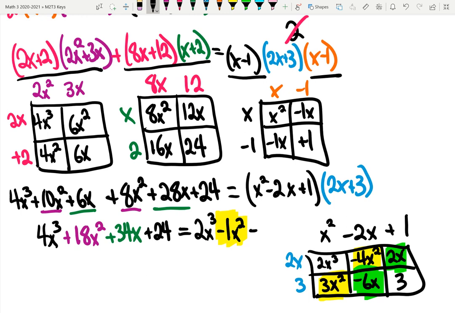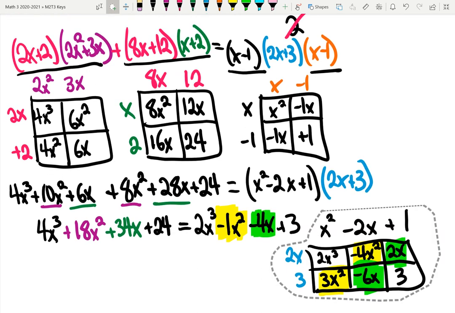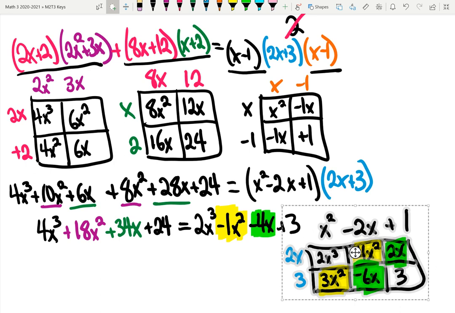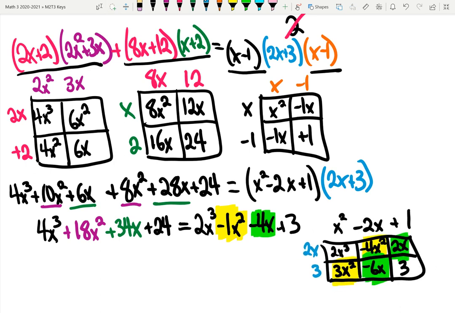It's going to make negative 4x. And then finally, I have 3. And I finally have been able to clean it up in such a way that, hey, I do not have any multiplication. I have a polynomial.